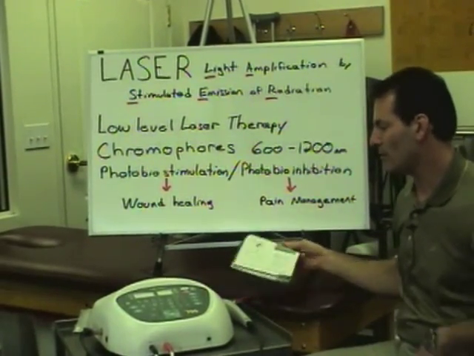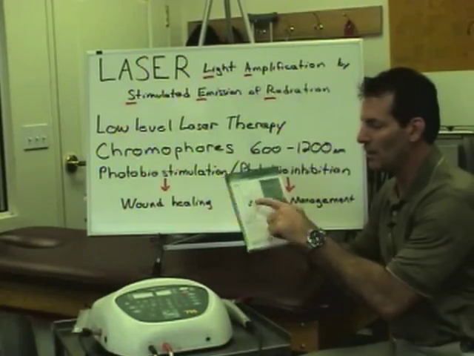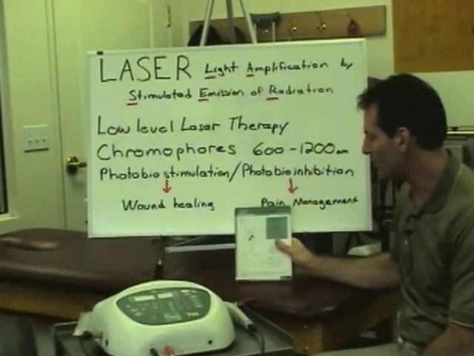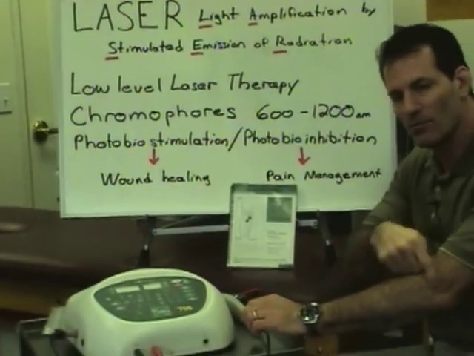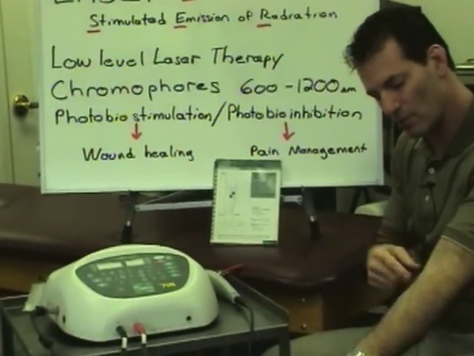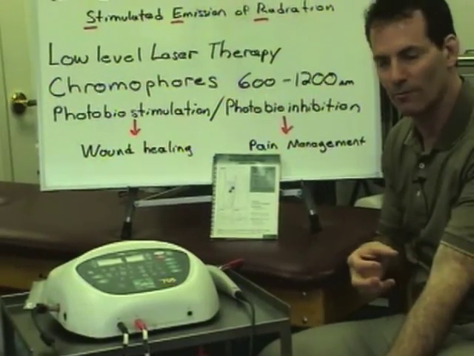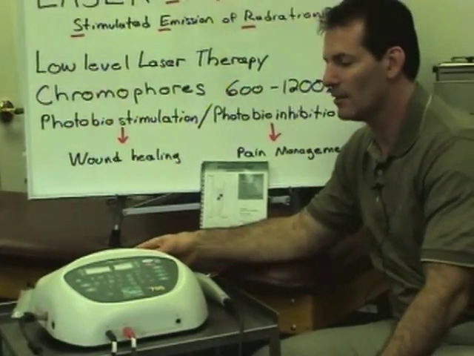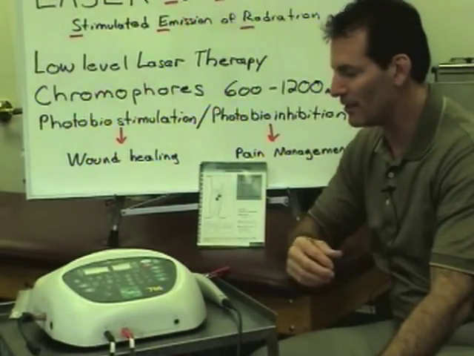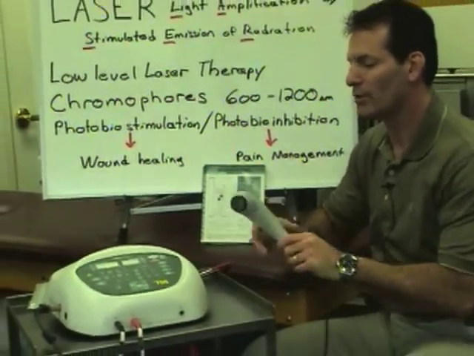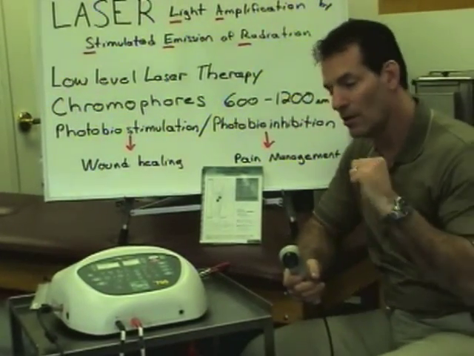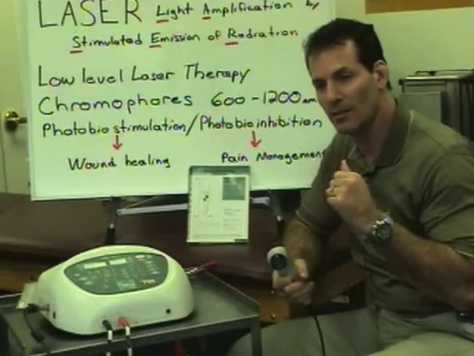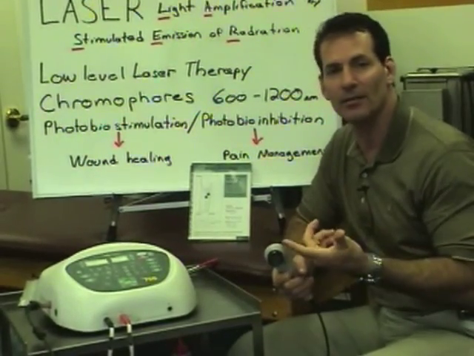In this particular manual, we have a condition of medial epicondylitis. That stands for the medial part of the elbow. Golfer's elbow is another term for it, and it has to do with the tendonitis. We use this to, one, do pain management, and two, heal it.